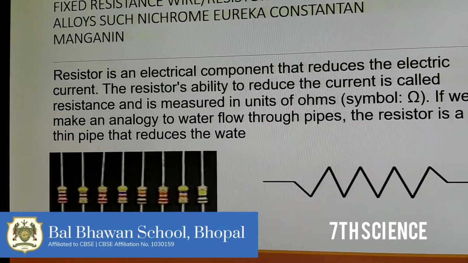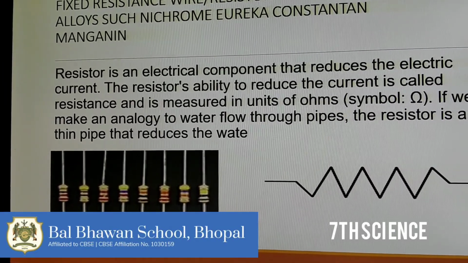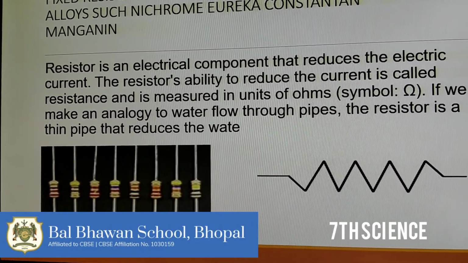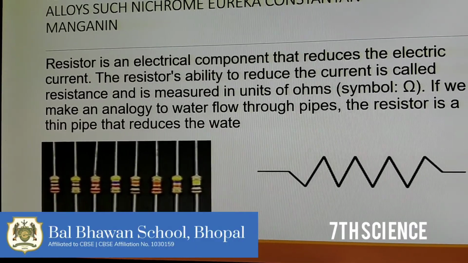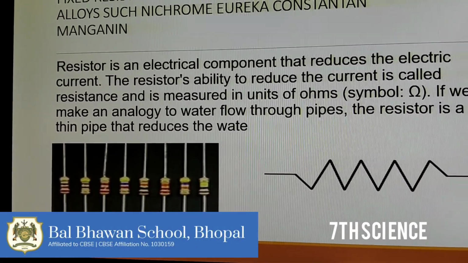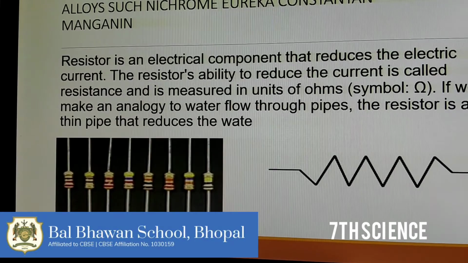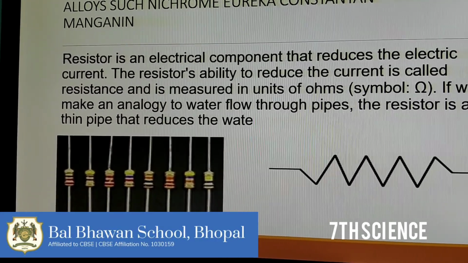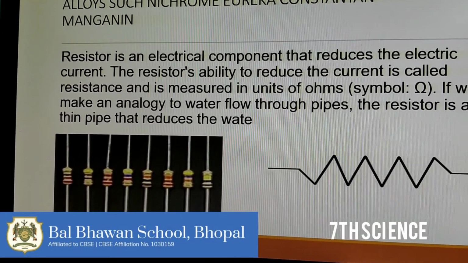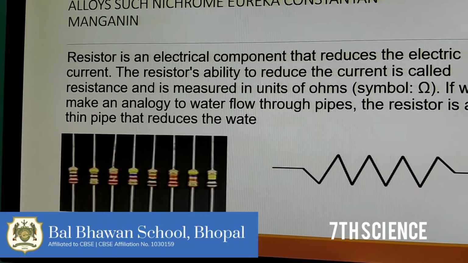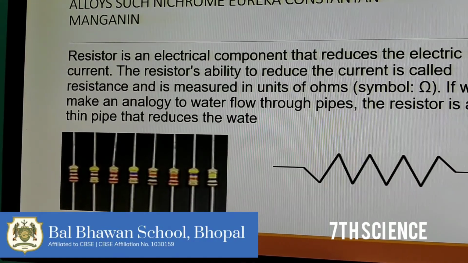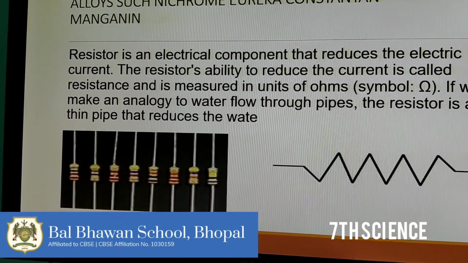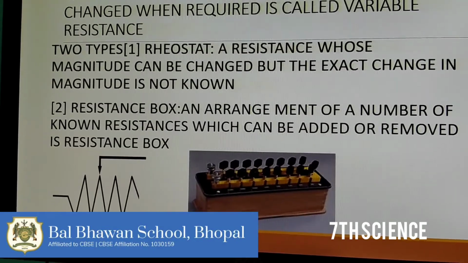If we compare it to an analogy, the resistor is a thin pipe which reduces the water flowing through it. Now, in the picture shown, the colored ring-like structures reduce the flow of current, and those ring-like structures are shown by the zigzag line.